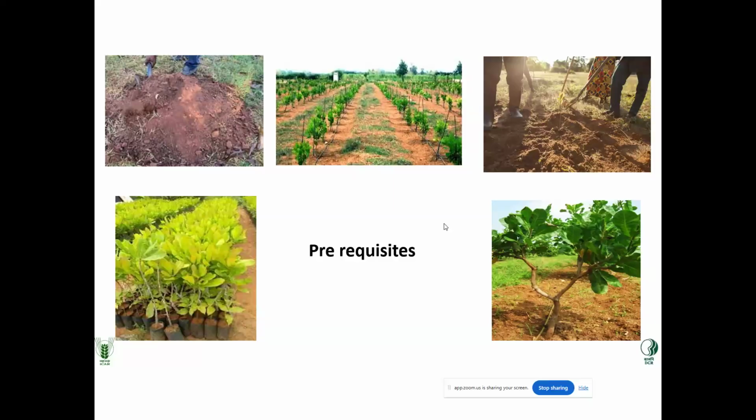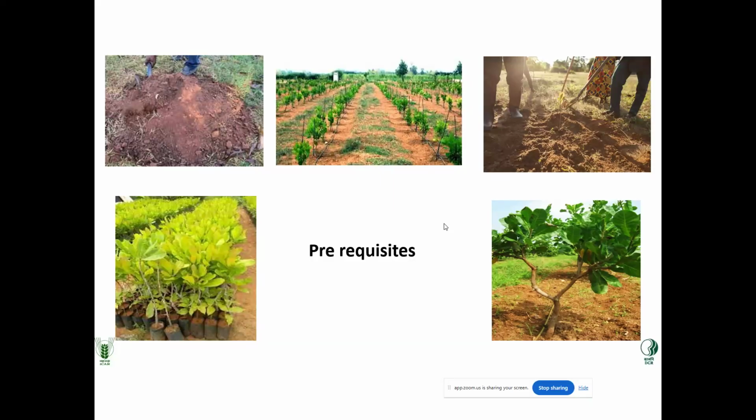And how we are going to plant it, and where you are purchasing the quality planting material, also plays a very important role. And after planting, how we are going to take care of it. In cashew mainly, we have to see this initial phase prerequisite because it is a perennial crop. You can expect yield as well as market value for your produce only after the 6th or 7th harvest, when you get economic yield.